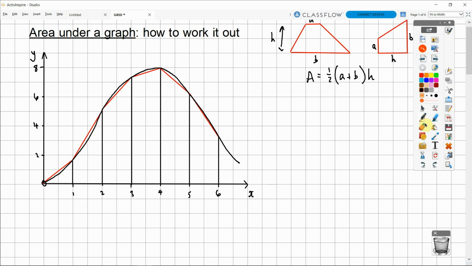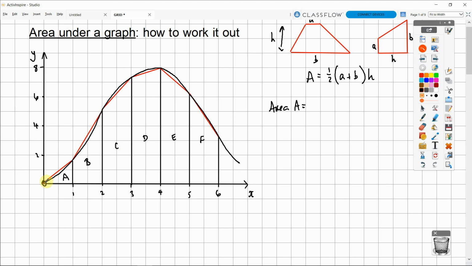It might be helpful just to label them so that in my working I can keep track of what I've done. So area A is, well, it could be thought of as a trapezium. It's a funny trapezium. What's happened is that this length a here has collapsed down to just be 0.